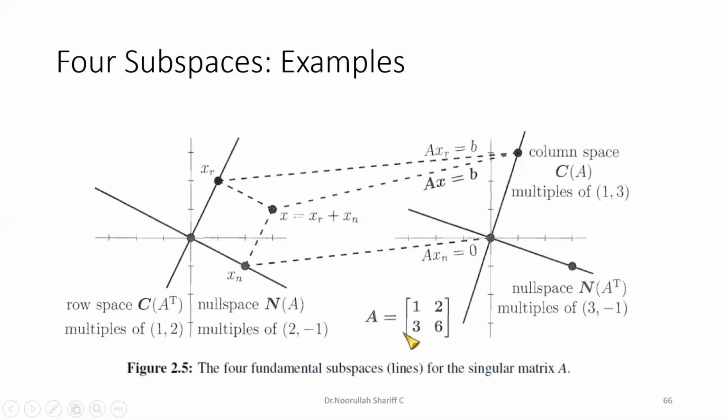A transpose gives us 1, 2 here and 3, 6 here, and the column space of this corresponds to the multiples of (1, 2). That is the line passing through 0 and the point (1, 2), and this is definitely perpendicular to the null space N(A), which corresponds to (2, -1).